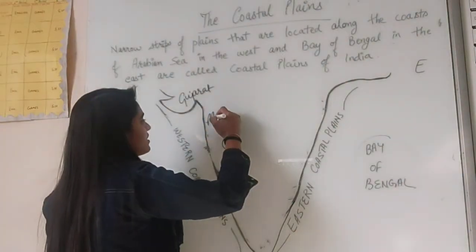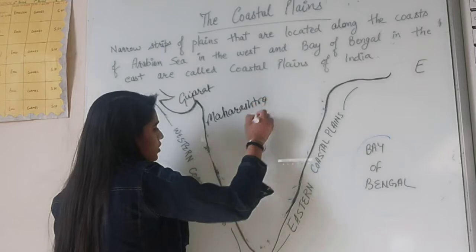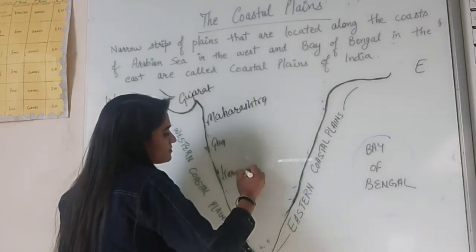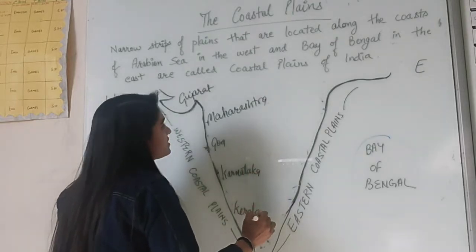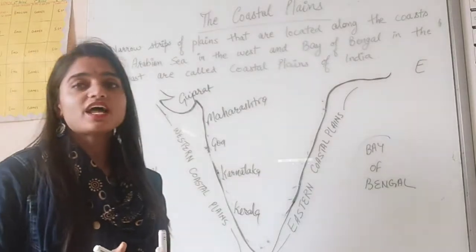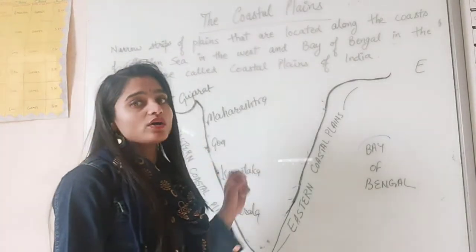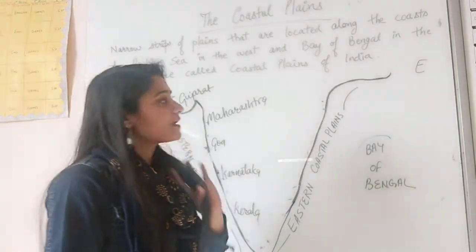Then you have Maharashtra, Goa, Karnataka, and Kerala. These are the five states that lie on the western coastal plains. जो western coastal plains पे lie करते हैं.